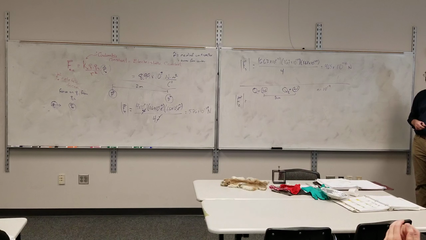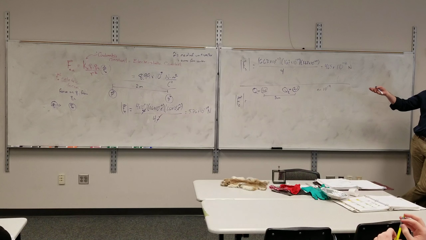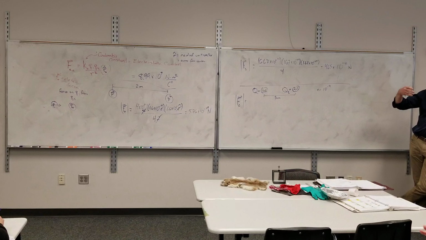To give some sense of realism here, a Van de Graaff generator will probably be on the order of 1,000 times more than this. But as you were dealing with on Wednesday, the PVC pipe was maybe 100 times that.